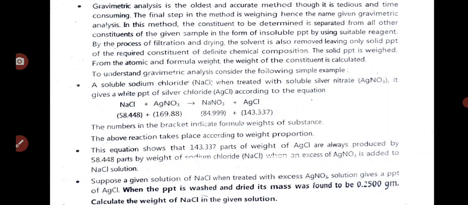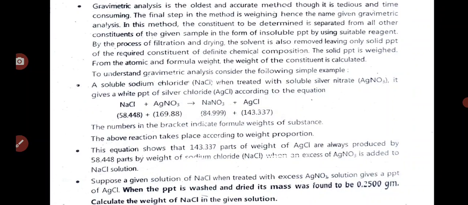Gravimetric analysis is considered the oldest and most accurate method, though tedious and time consuming, and the final step of this method is weighing, hence the name gravimetric analysis.